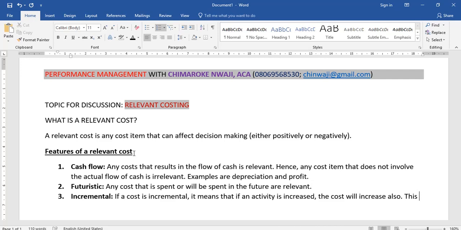This mainly applies to fixed costs. We'll look at them later.